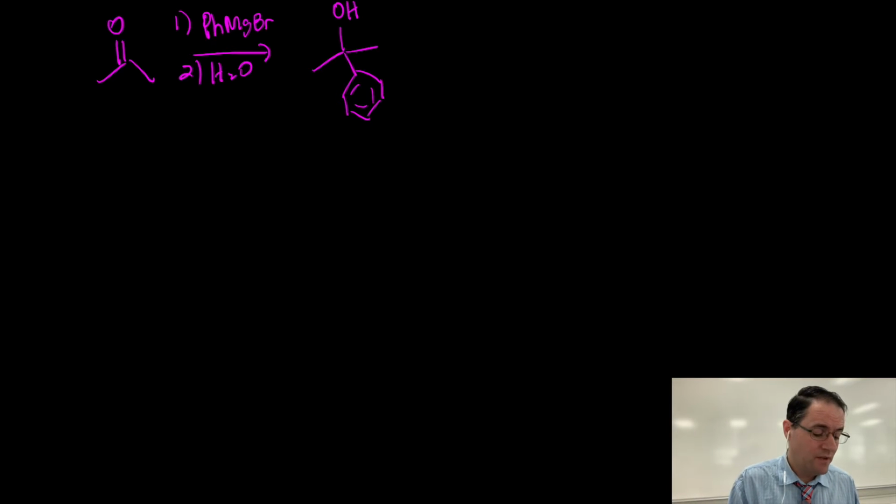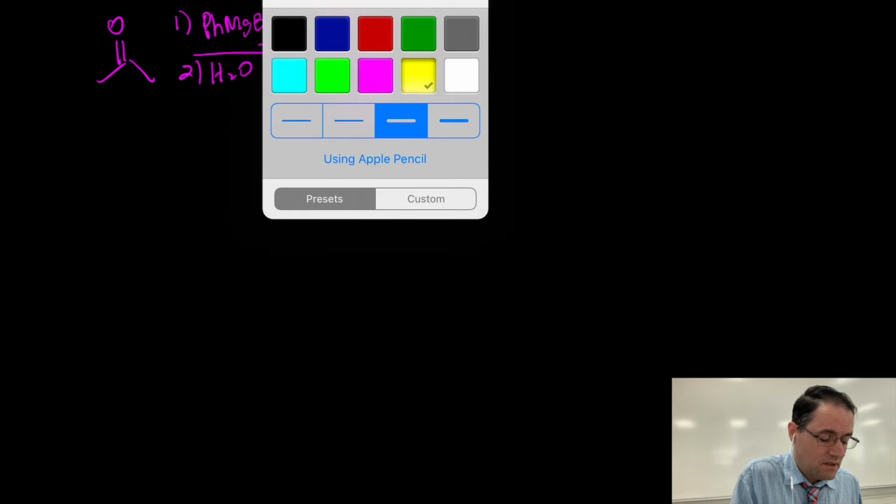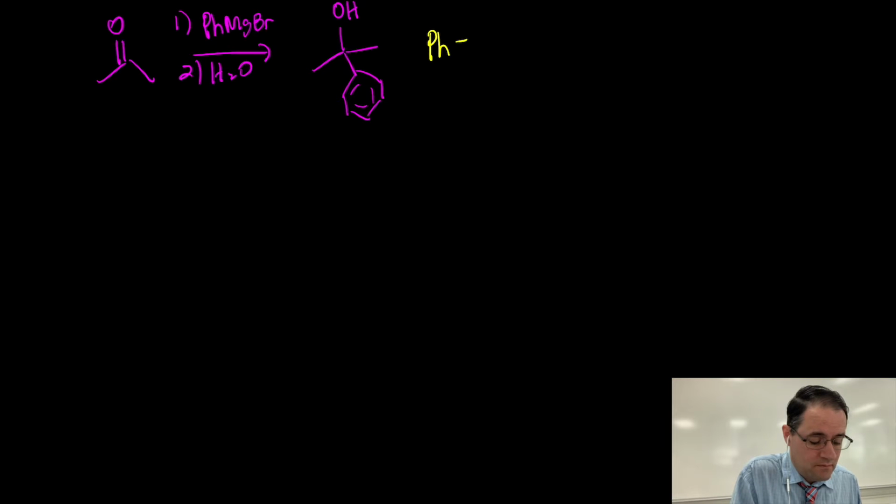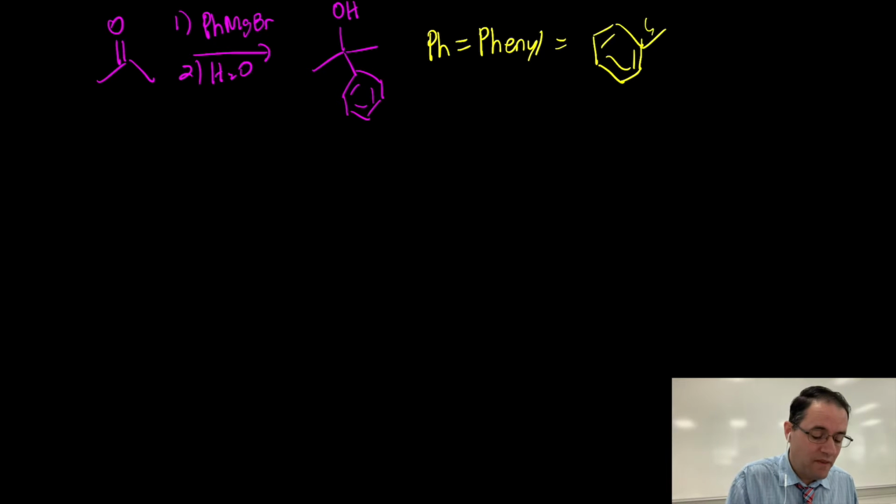Phenyl is Ph. And that's a 6-membered ring. That's benzene, but when that's attached to something like a Grignard, magnesium or something, then we call it a phenyl group, not benzene.